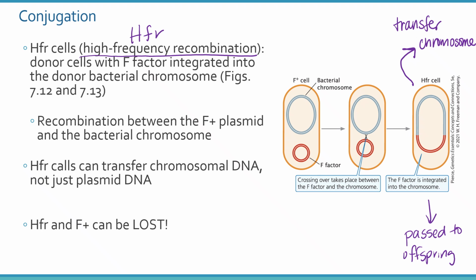If the fertility factor is advantageous, or the genes on the plasmid with the fertility factor are advantageous, then the cell is going to maintain it, whether it's a plasmid or a bacterial genomic chromosome. So basically we've got some sort of selection pressure here.